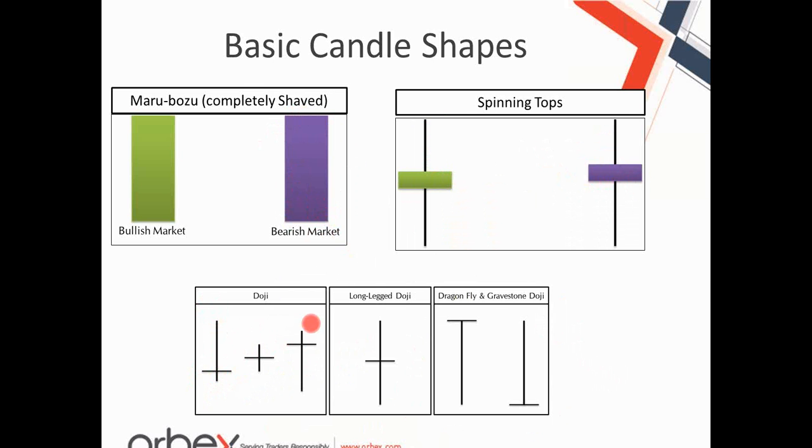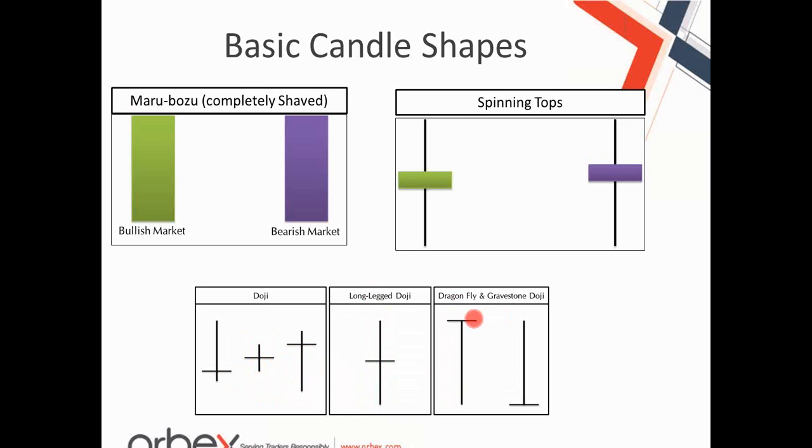So the shadows of the doji candle can be different. For example, in this doji candle, the shadow is distributed very evenly. But in this one, the lower shadow is longer. This one has very long legs both ways, so we call them the long-legged doji.